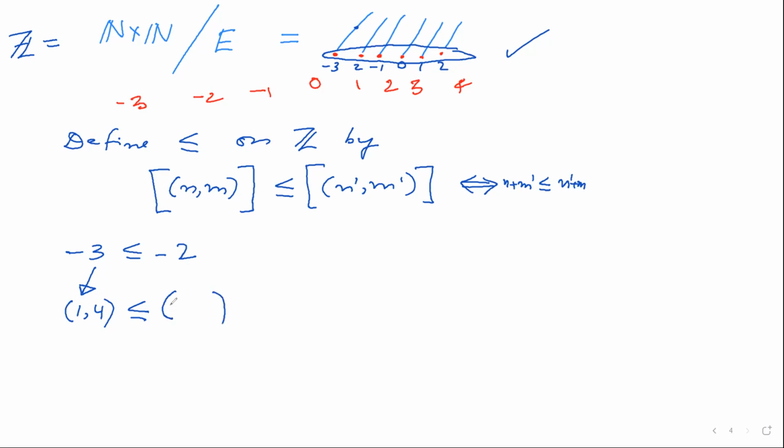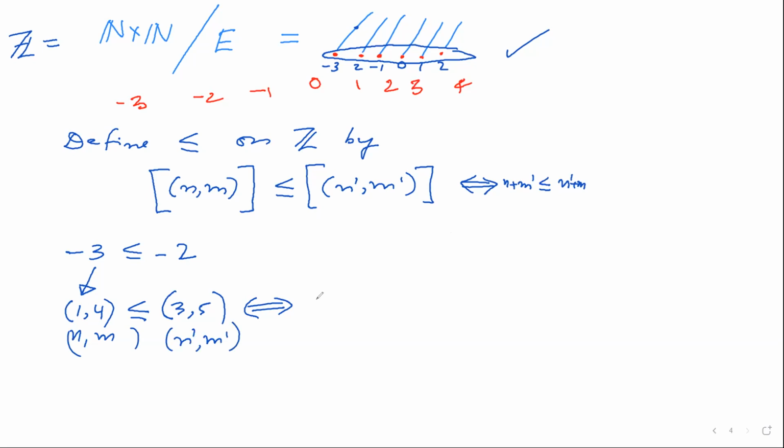3, 5. Yes. According to our definition, this will be less than or equal to this if and only if what? N, M, N prime, M prime.